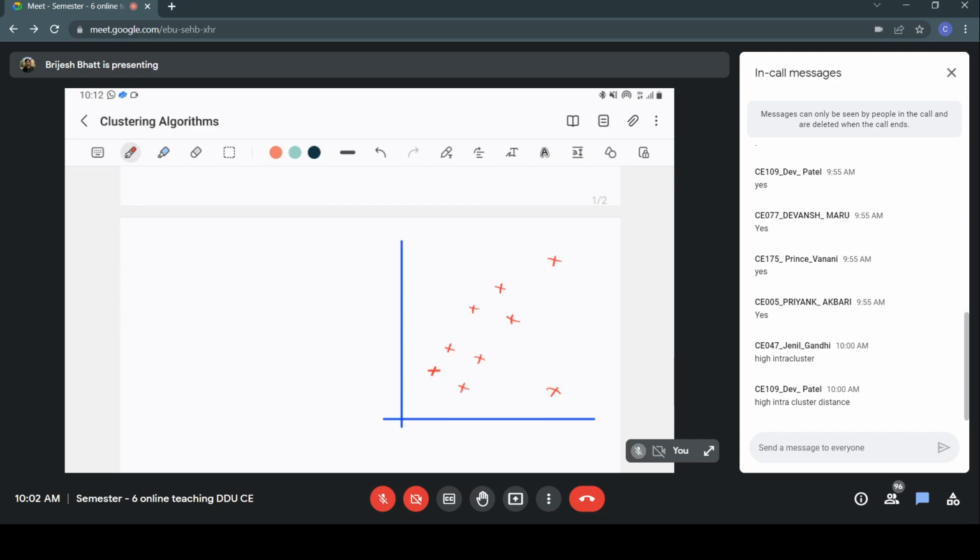For example, if I had this cluster, and if I add this new data point into this cluster, the new cluster will become something like this.